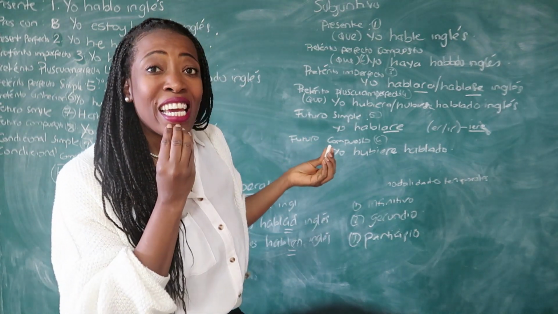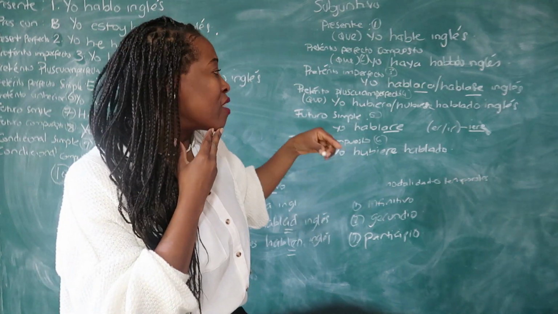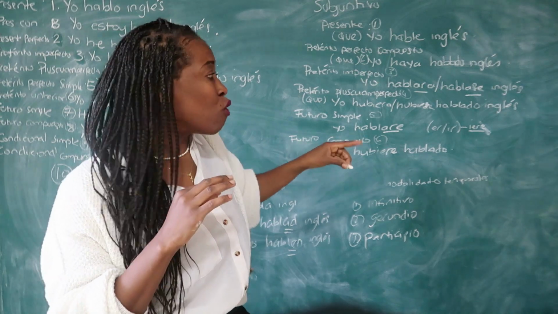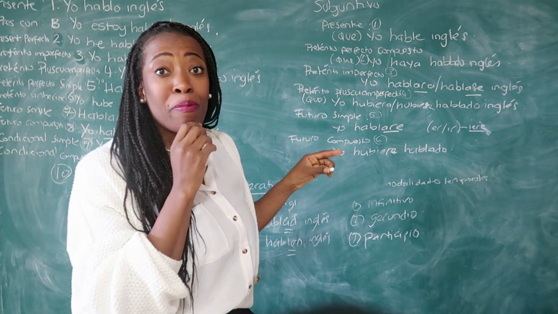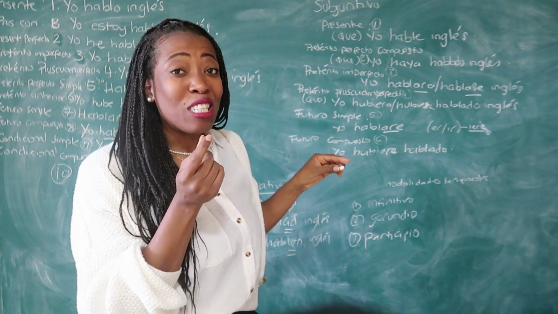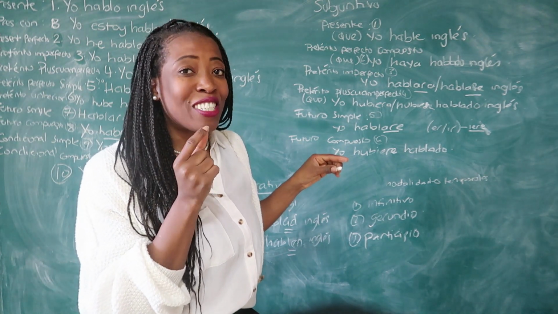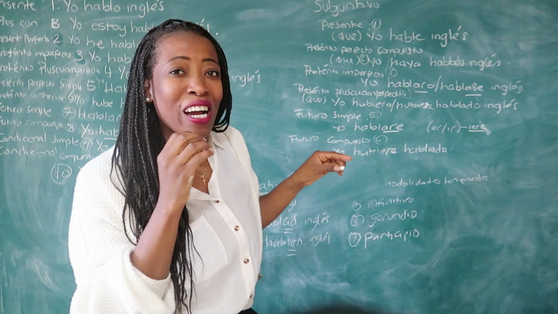If the verb is ER or IR instead of AR, it would be IERE, for example, viviere. This one is a little bit difficult for us, so if you're not sure, just have a little look at that.